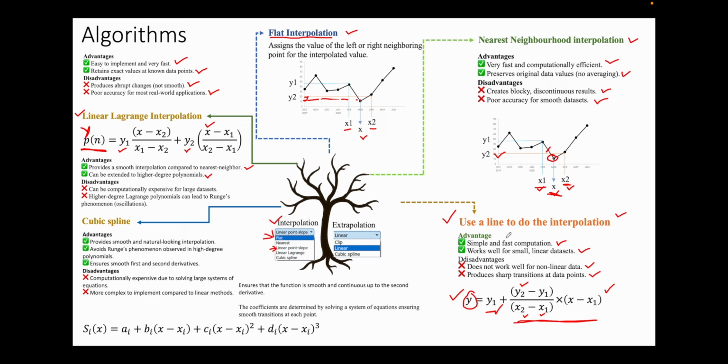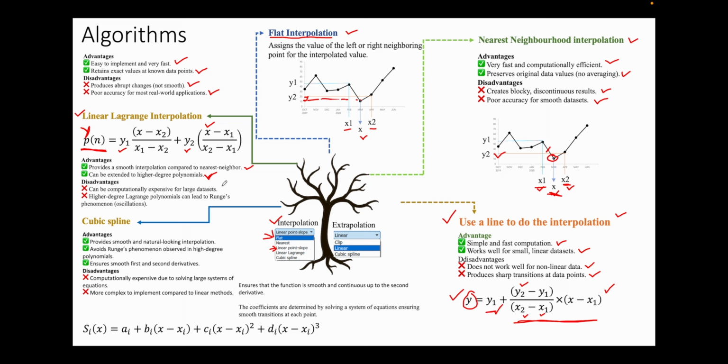As you already know, the linear one cannot be applied to higher order polynomials in non-linear data. So in case of Lagrange, you can use it for a nonlinear system, and you can increase the order and determine the interpolation.